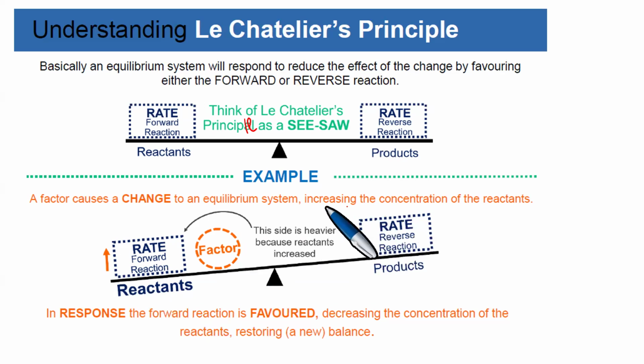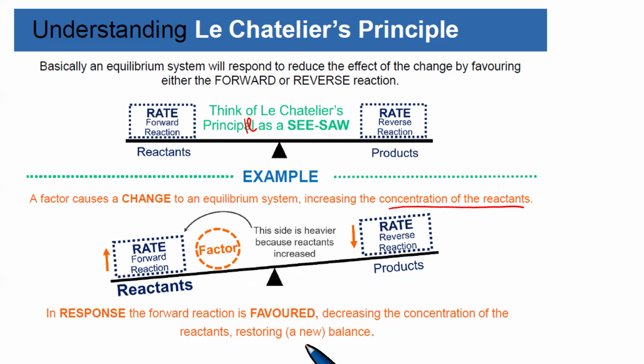If this side is heavier, it means the reactants have their concentration increased, and the products would have less relative to the former state. In response, the forward reaction is favored, decreasing the concentration of the reactants, restoring a new balance.